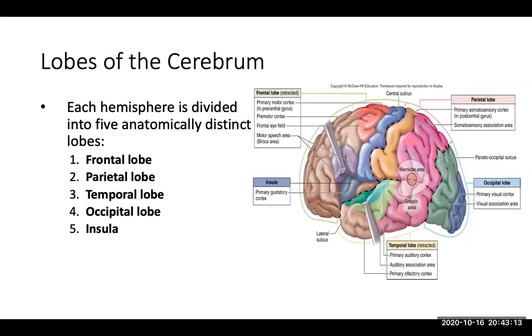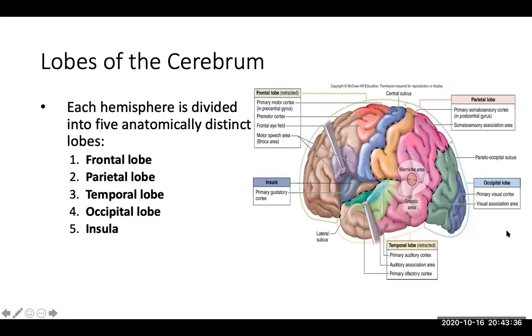The insula has your primary gustatory or taste cortex. Your temporal lobe has all of your auditory association areas and cortex. Also, your olfactory cortex, the sense of smell, is in your temporal lobe. Your primary visual cortex and visual association areas are in the occipital lobe, and the primary somatosensory cortex is in the postcentral gyrus.